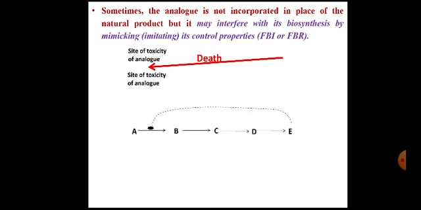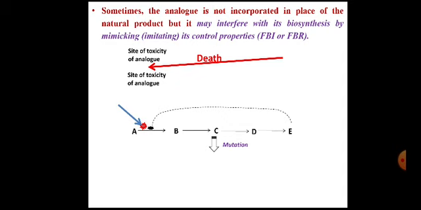Say, for example, this pathway. This organism is exposed to a mutagenic agent. This shows the biochemical pathway existing in the microorganism. A is converted to E through several steps.